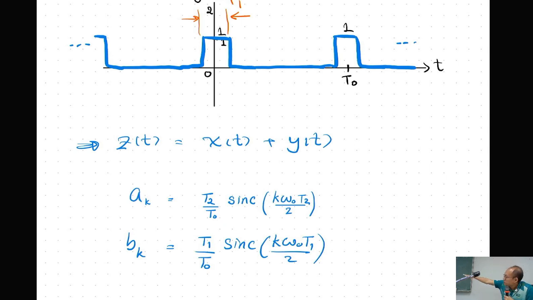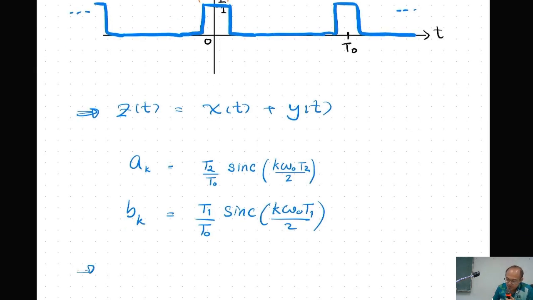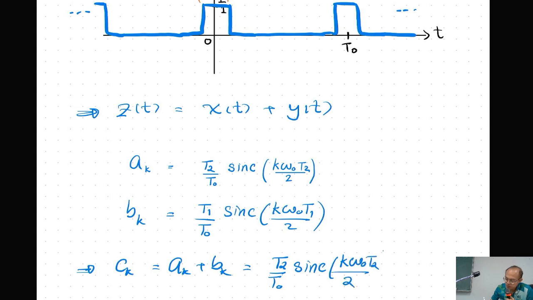And then the Fourier series coefficient for z is just a_k and b_k added together, by linearity. So we have c_k would be a_k plus b_k. And that is T2 over T0 sinc of k omega 0 T2 over 2, plus T1 over T0 sinc of k omega 0 T1 over 2.